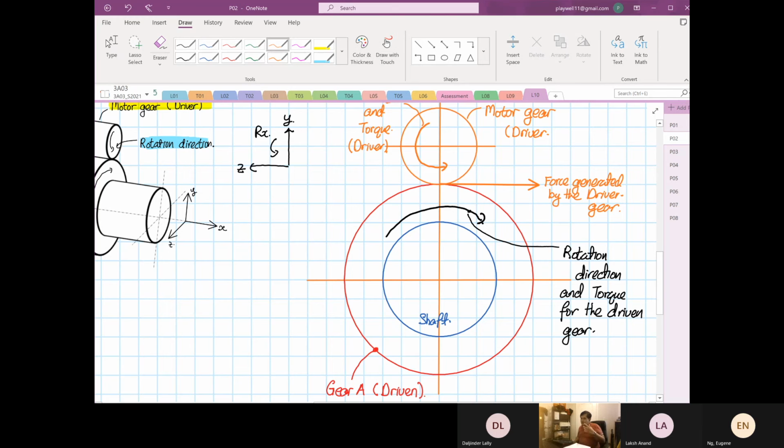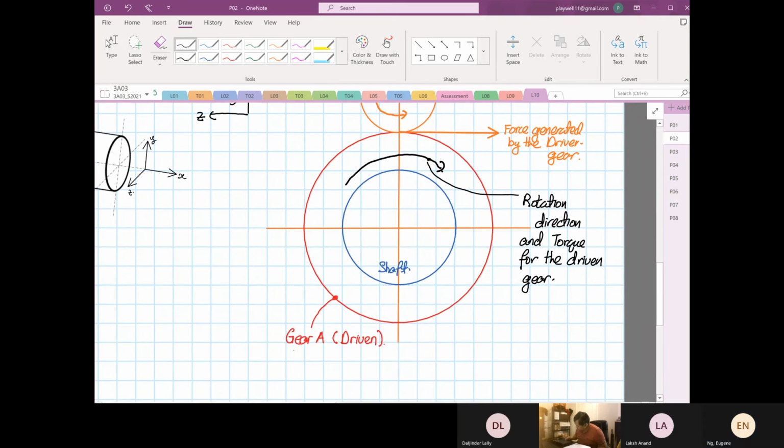Now, the driven gear is going to cause a resistance. Yes or no? The driven gear. Very important to notice this. If you don't see this, we are being big doubt. So the driven gear is generating a resistance.